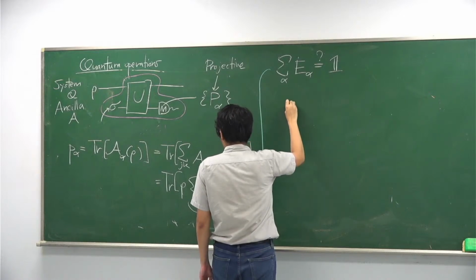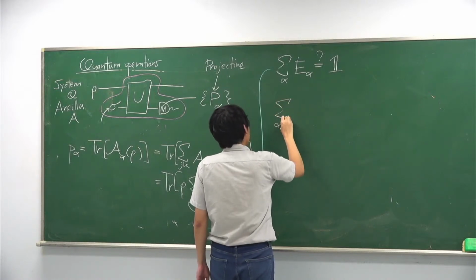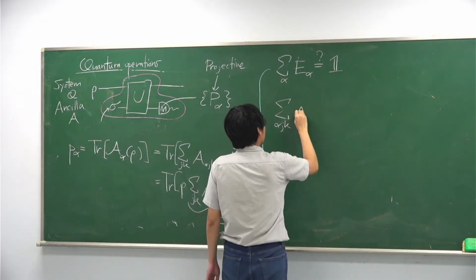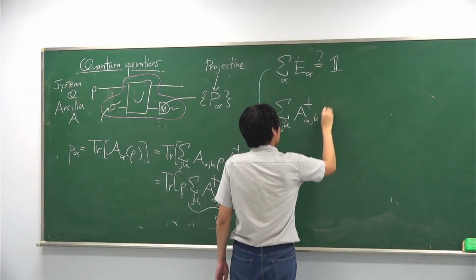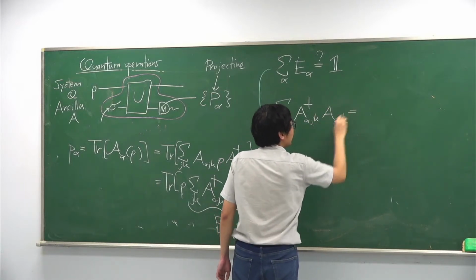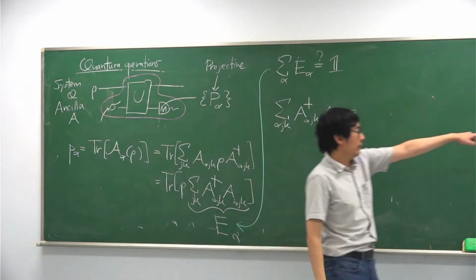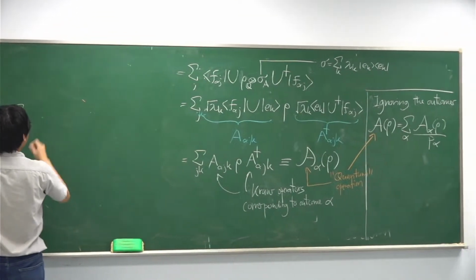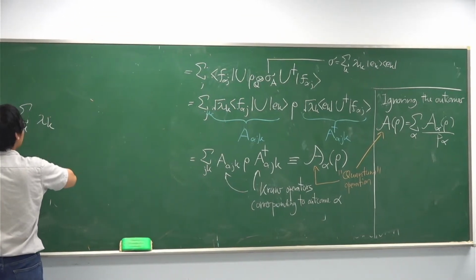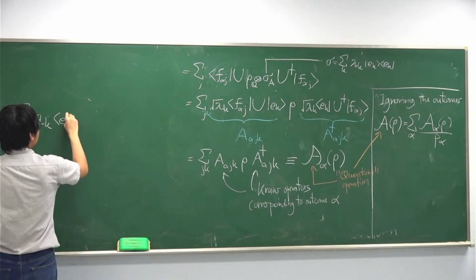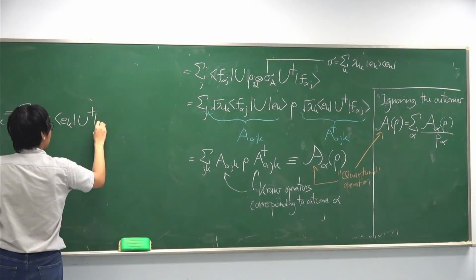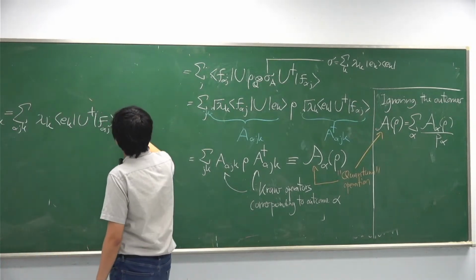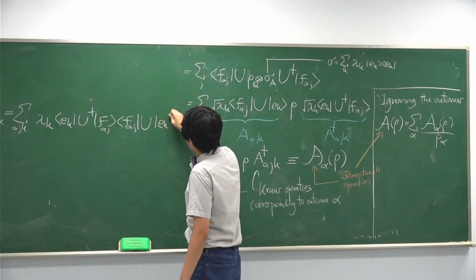Alpha jk, what is this? It is defined over there: lambda k, E_k U dagger F alpha j F alpha j U E_k.